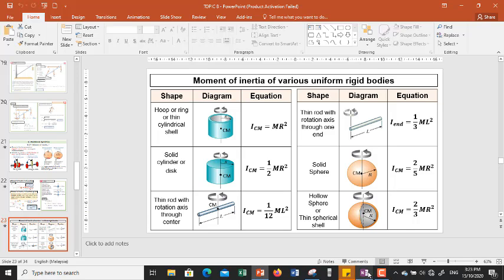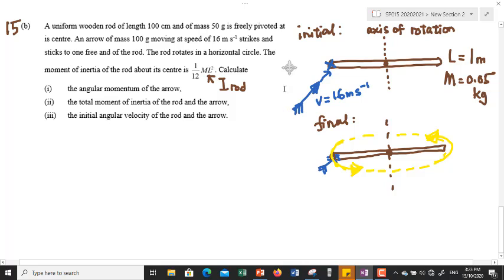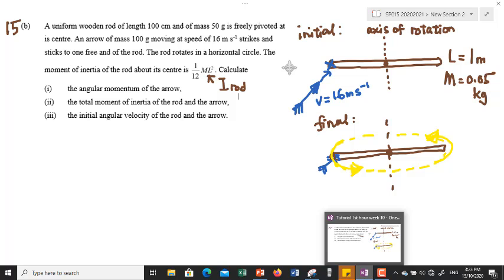So what about the arrow? The arrow we will treat as a particle.